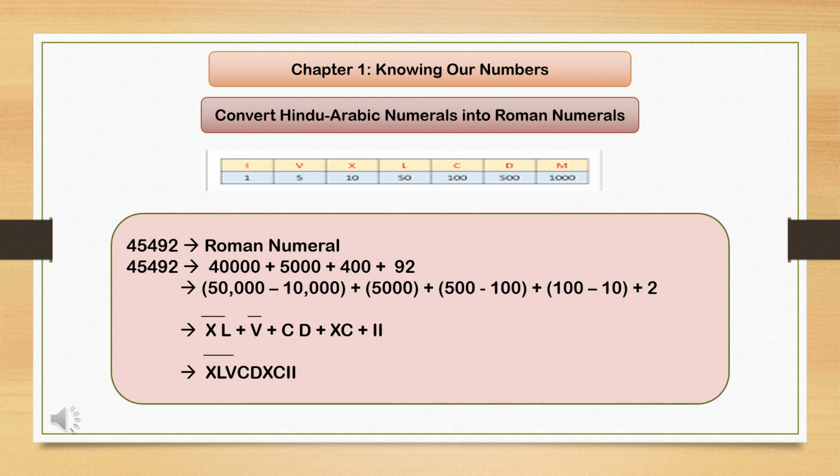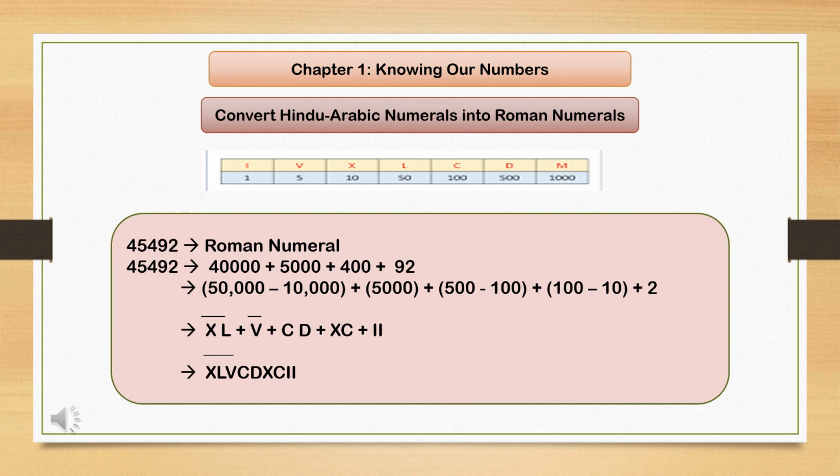Next we have 100 minus 10. Here again we will write the symbol of the smaller number first and then the symbol of 100. It will be XC plus symbol for 2, that is twice we will write I. Let's remove the operation signs and write the symbols together.